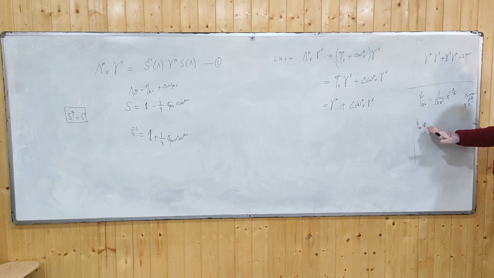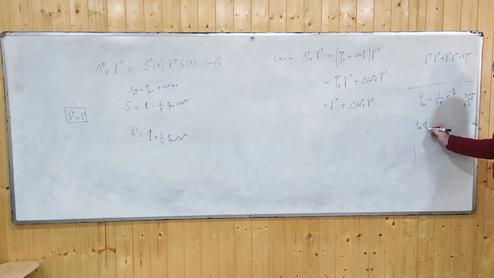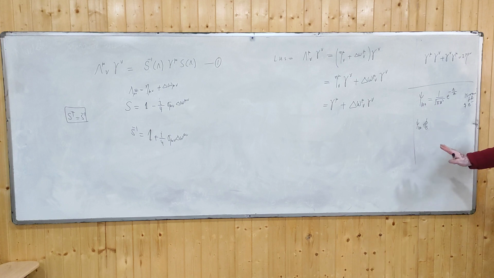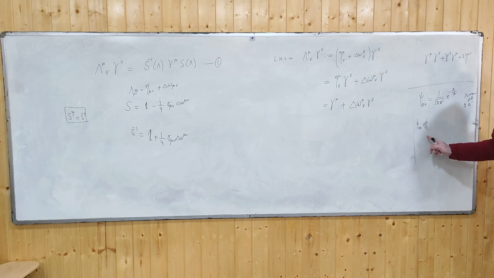Forget about this tensor product, you simply multiply it by, let me write some phi which describes the spin. You got it? So this phi s lies in a two-dimensional Hilbert space.